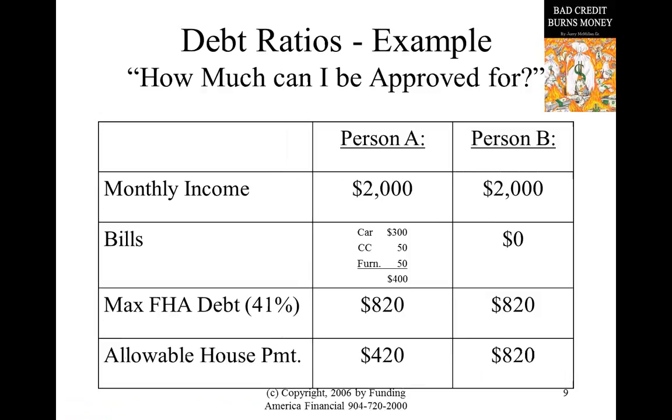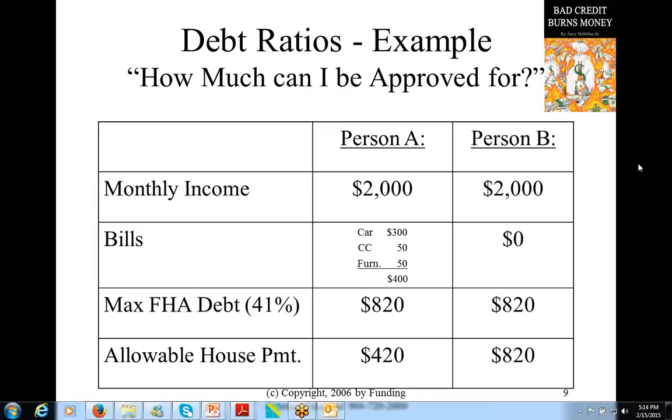Now let's take a look at debt ratios illustrated. And we've got two people here, okay? A and B. Now the first person, okay, they've got monthly income of $2,000. Second person got monthly income of $2,000.